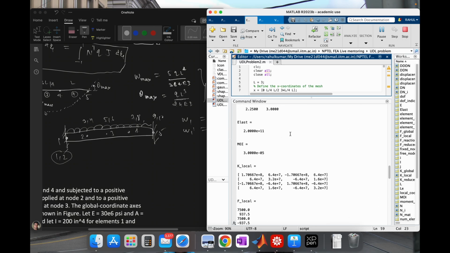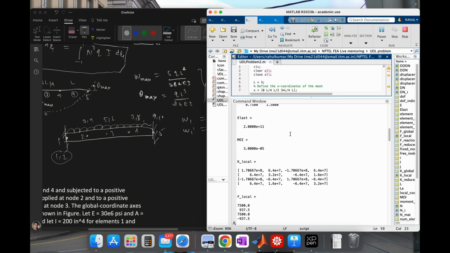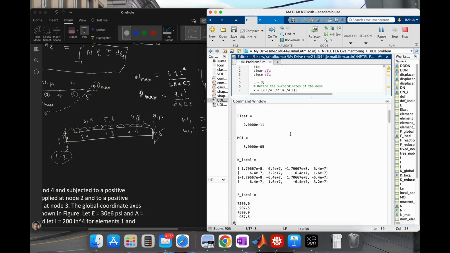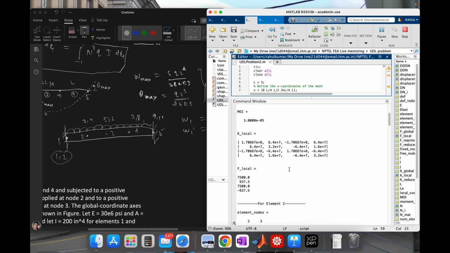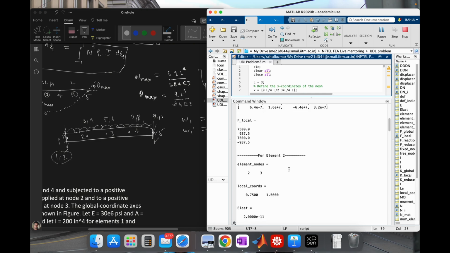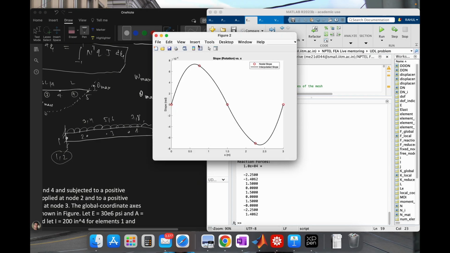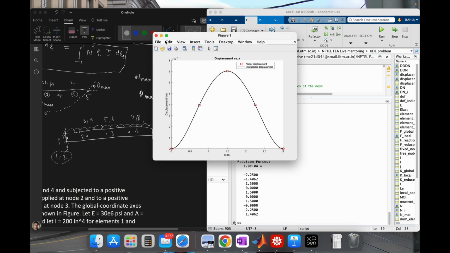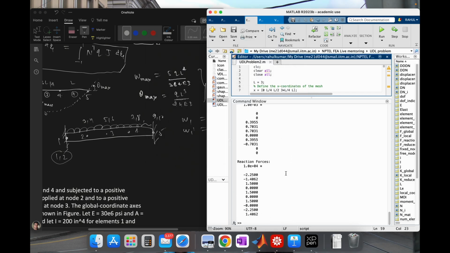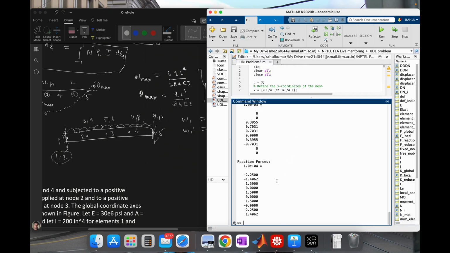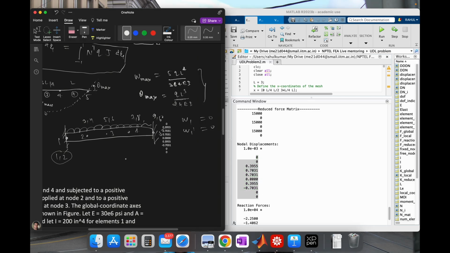Here you can see that it is showing each and every stiffness matrix and elemental force matrix. We will see this later. These are the results, and this is the result for the nodal displacement, and we will write it.